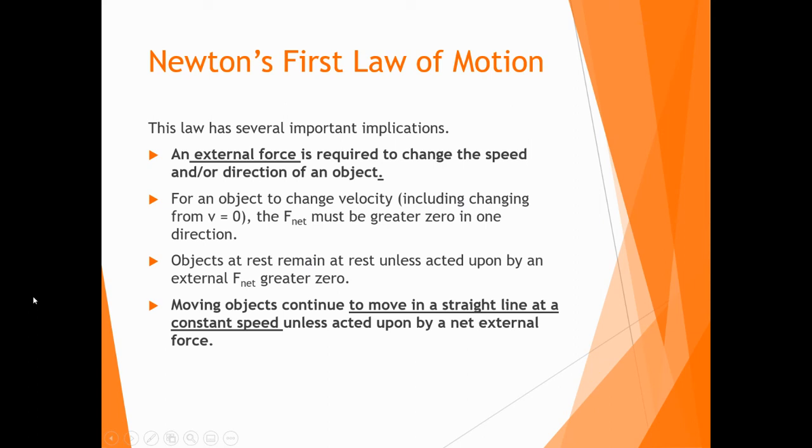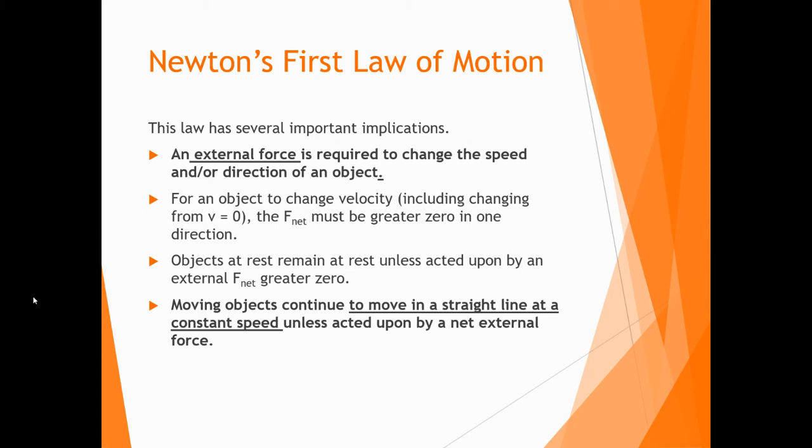So Newton's first law of motion has several important implications. So first one is that an external force is required to change the speed and or direction of an object. It has to be external to whatever you're trying to move or stop. For an object to change velocity, including changing from being at rest, the net force must be greater than 0 in one direction.